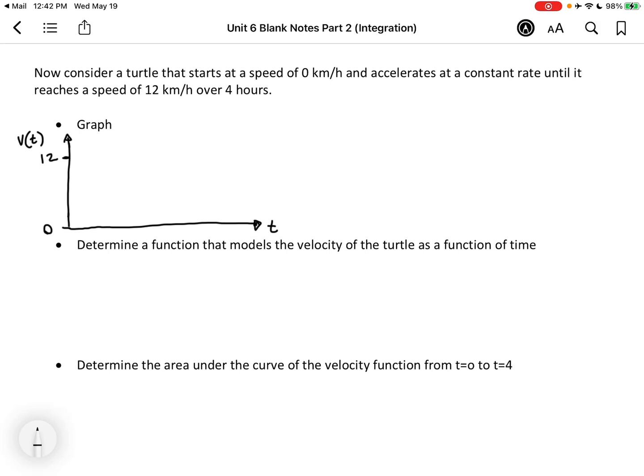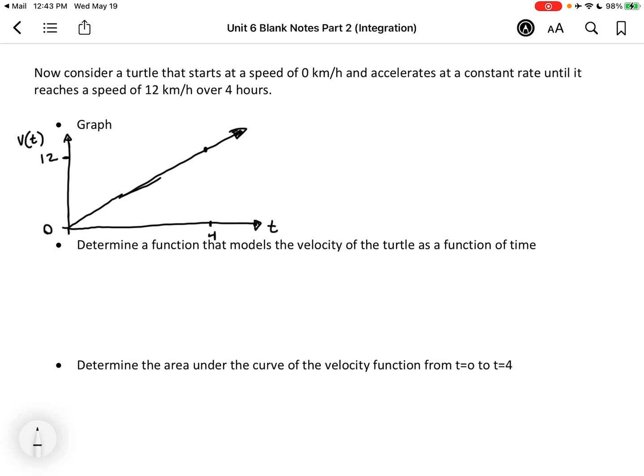And that happens over 4 hours. Okay, so there's a point there, and it's a constant acceleration, I should say. So this is going to be a straight line. As straight as I can make it anyway, okay? So there is a graph of our function.